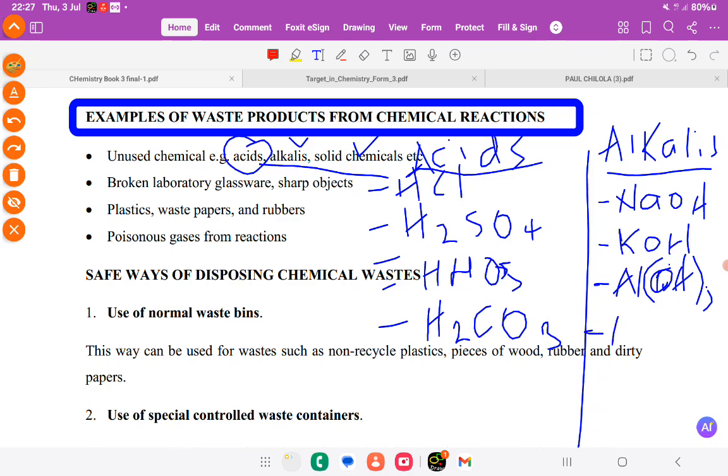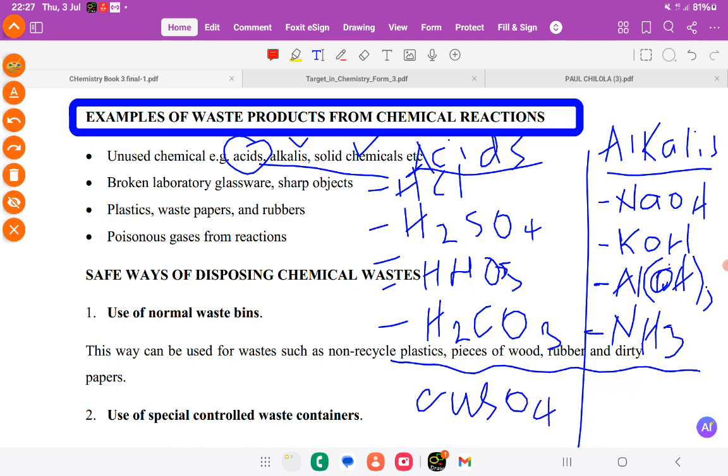Ammonia. All these are alkalis. They are examples of alkalis, and they are considered to be waste products. Solid chemicals such as copper sulfate crystals, even salt, such as sodium chloride and any other wastes, they belong to chemical wastes.